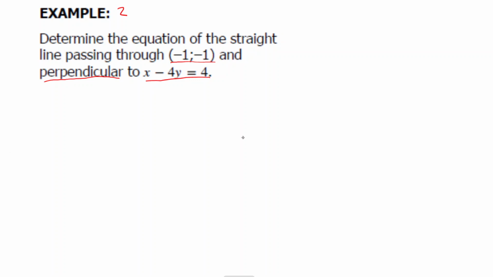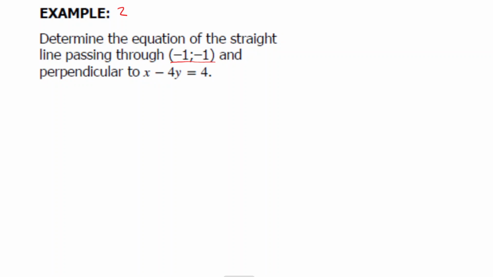So let us find the equation. We need to find the equation of a line. And this line is passing through this point, which is negative 1 and negative 1. And this straight line is perpendicular to this line, x minus 4y equals 4. So we need to find that straight line.